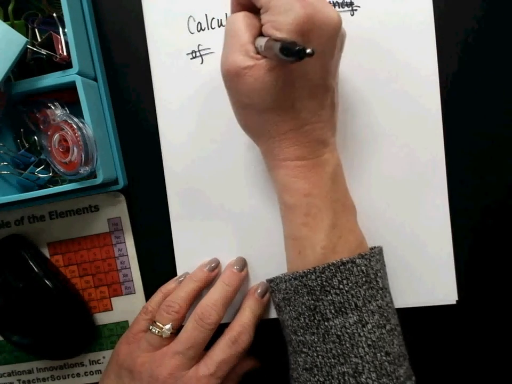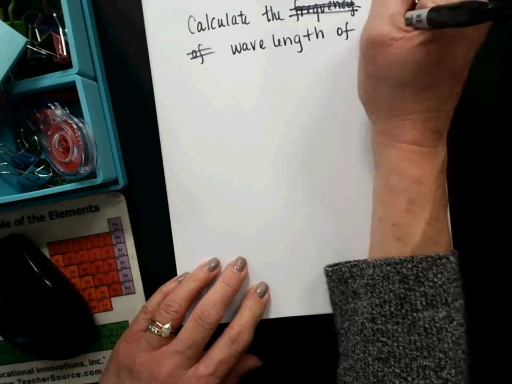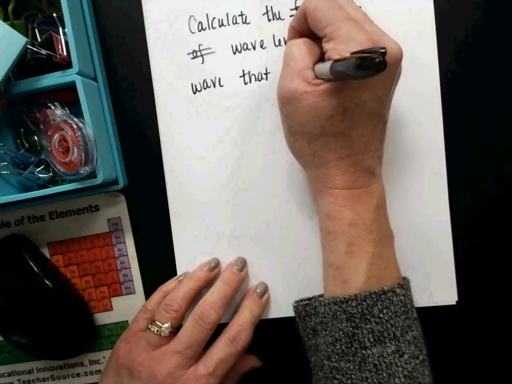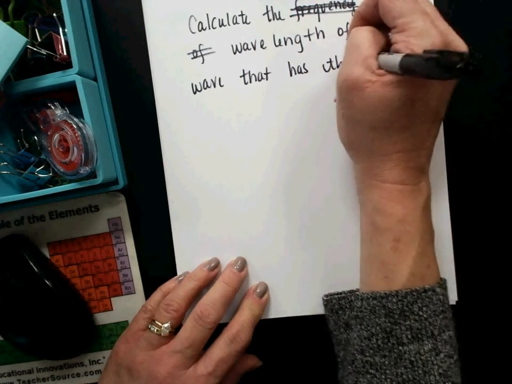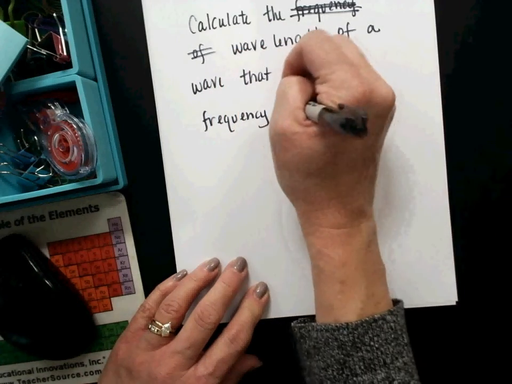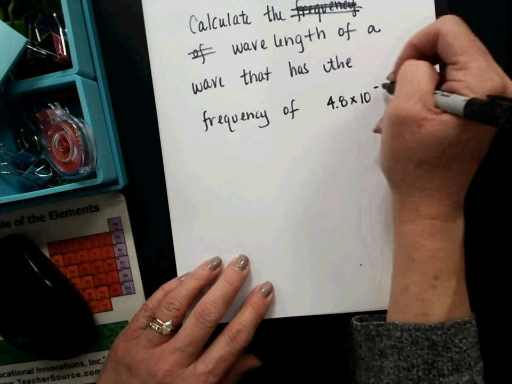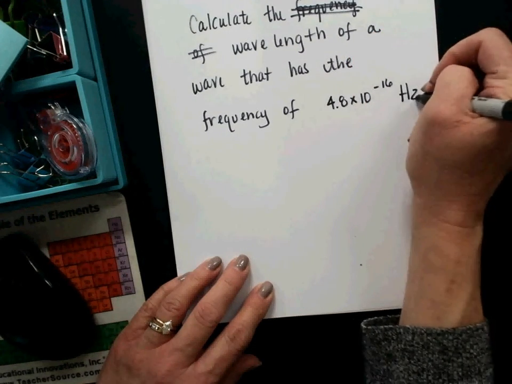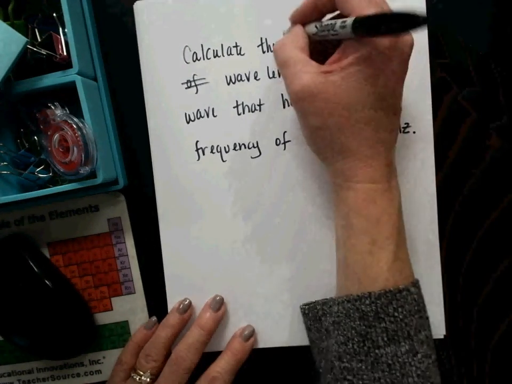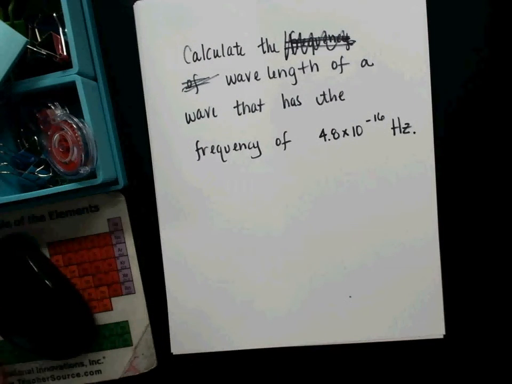Calculate the wavelength of a wave that has the frequency of 4.8 times 10 to the negative 16th hertz. All right, I want you to work all the way through it. And when you're all done, I mean, like, show me step by step. And then when you're all done with an answer, stand up.